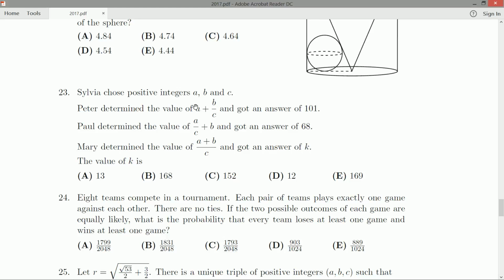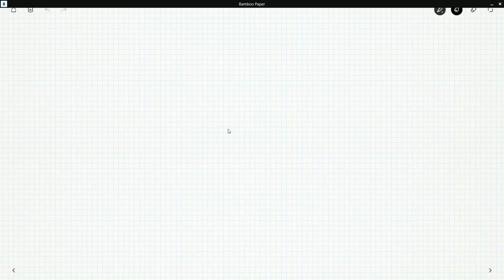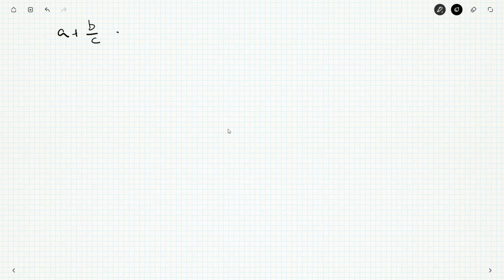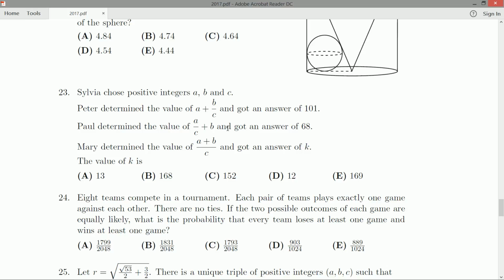So we've got three unknowns but only two equations, and then we've got to figure out this other equation involving k. I question whether or not we'll actually be able to get a, b, and c by themselves, but let's copy down the information we've been given nonetheless. (a + b)/c is 101, and a/c + b was 68, I think was the other one, and we want (a + b)/c.